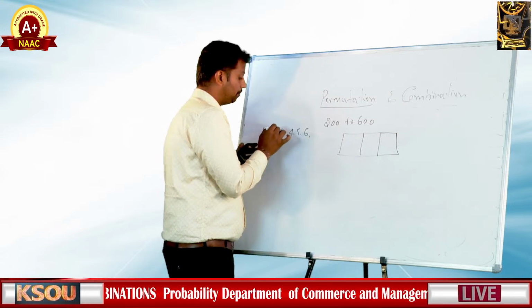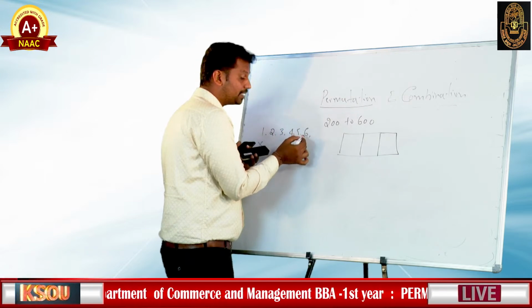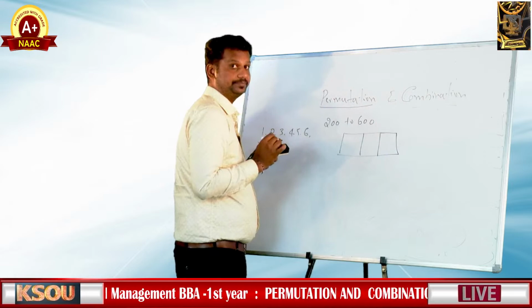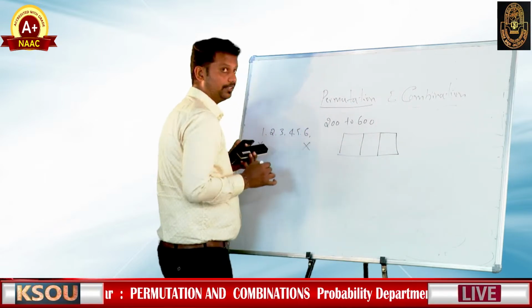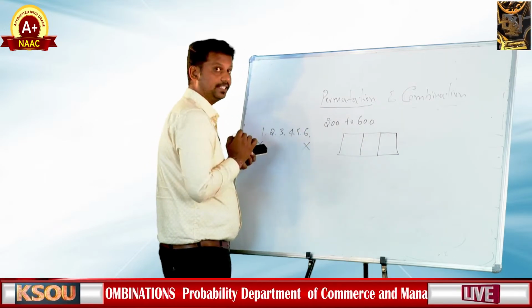We can take 2, 3, 4, 5. If we take 6, the value is more than 600. So the first digit cannot be 1 or 6.